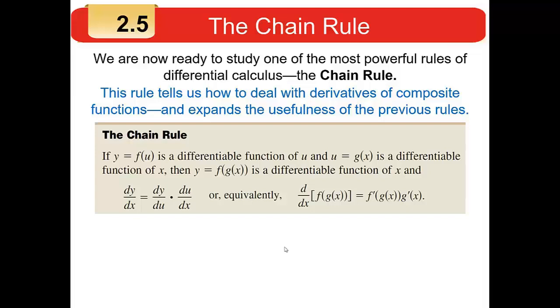In other words, the derivative of y with respect to x is just the derivative of y with respect to u multiplied by the derivative of u with respect to x.